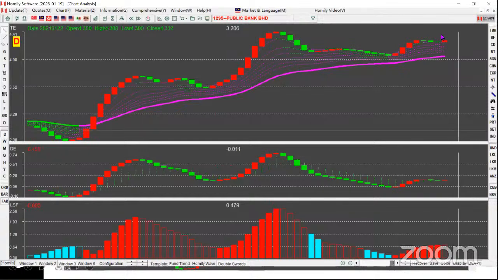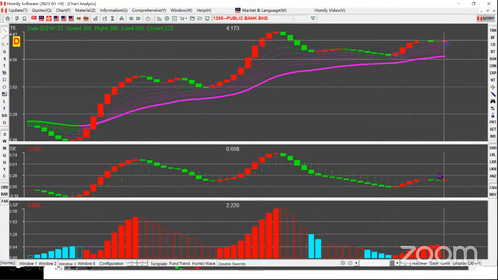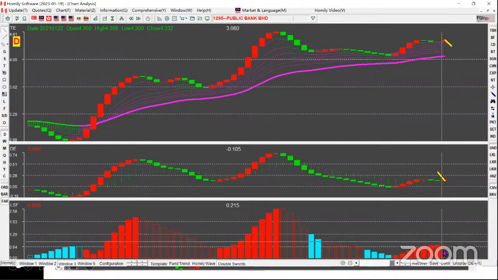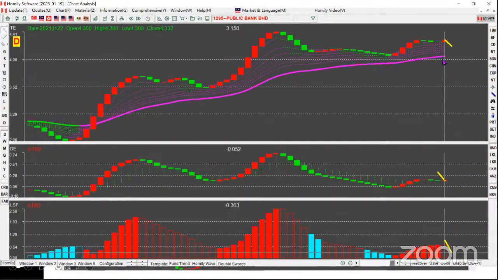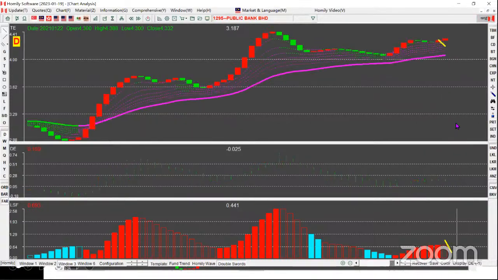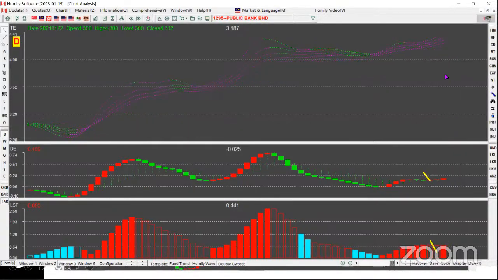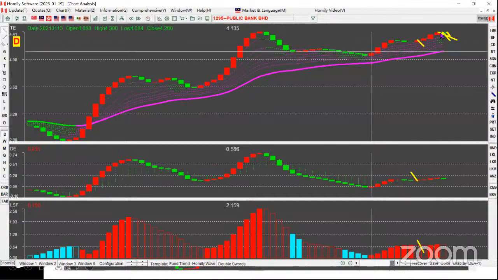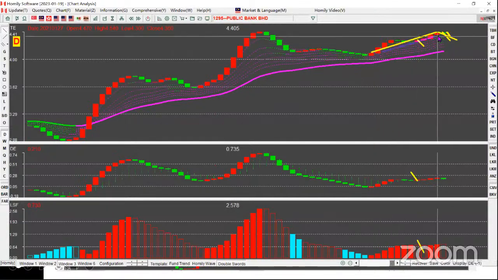How about this day? Turn red again, two red, so hollow, but the sell point is two green, one hollow, so you can still hold the stock Public Bank till this day, which will be your sell point. So in this period I think you can make some small profits with Public Bank.